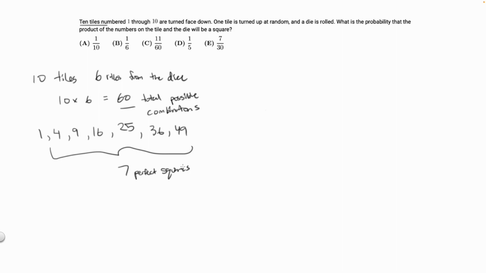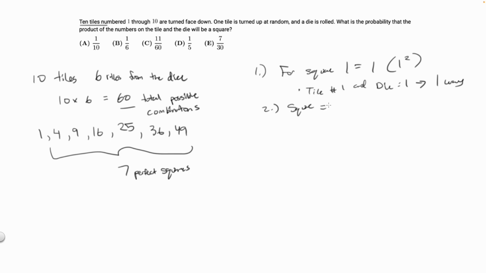So to check the perfect squares, we're going to start with 1. So for square 1, it's 1 squared. And to do this, we get tile number 1 and die 1, which results in 1 way. For the second one, the square is going to be 4.